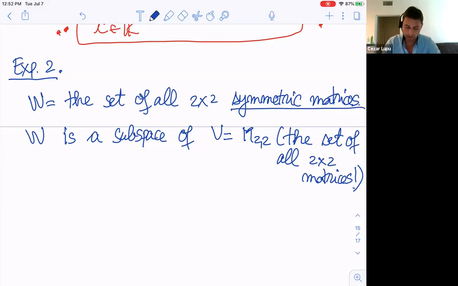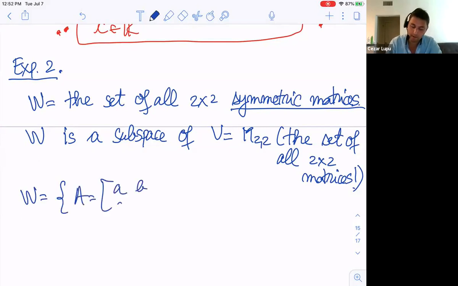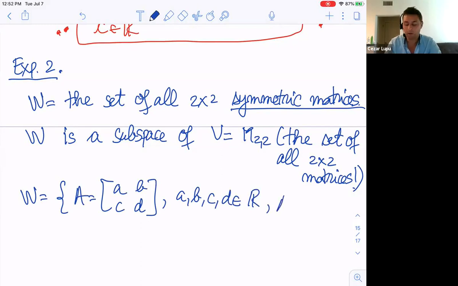In other words, this W is the set of all matrices A that look like this, where the entries a, b, c, d are real numbers, and they have one property: A equals A transpose.